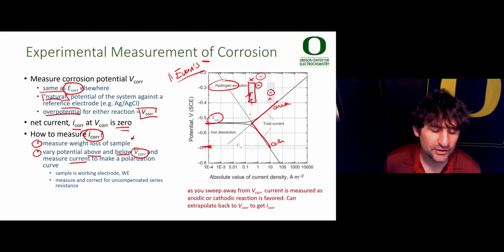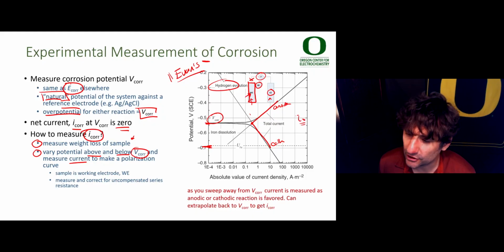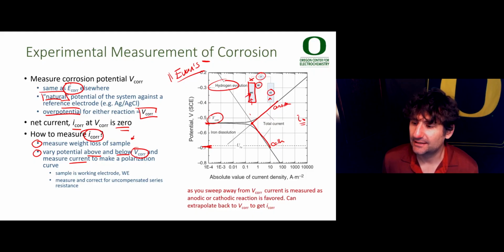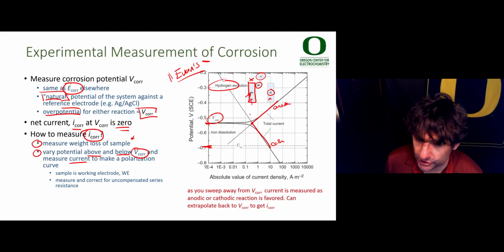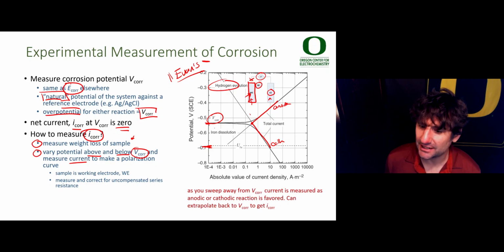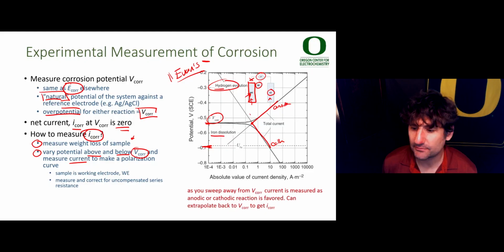But just like we do with a Tafel plot to find I naught, we can find I naught by extrapolating back to what the current would be at the equilibrium potential for one of the branches of the Butler-Volmer equation, for example. We can extrapolate back to the corrosion potential, which is not an equilibrium potential, it's a steady state potential set by the mixture of two separate kinetic processes.